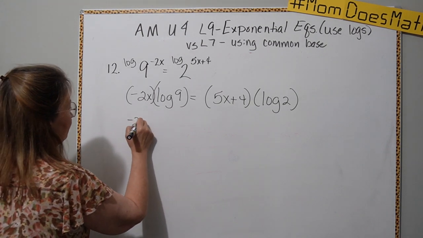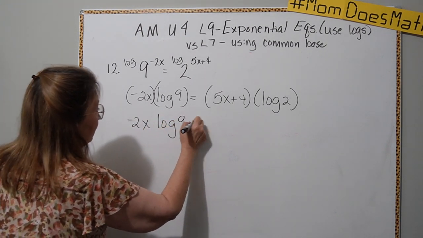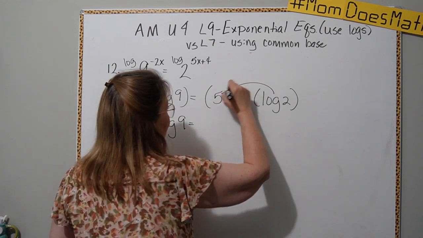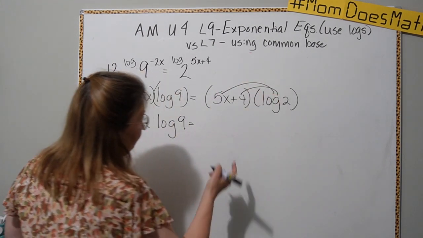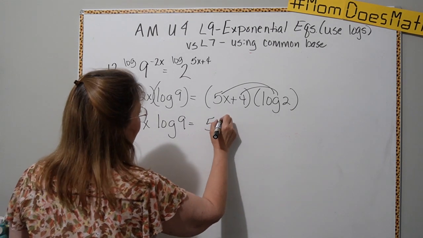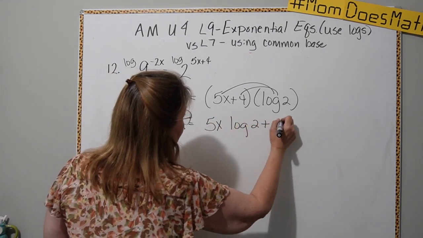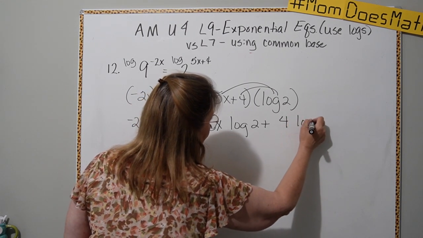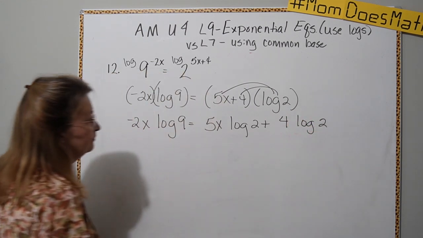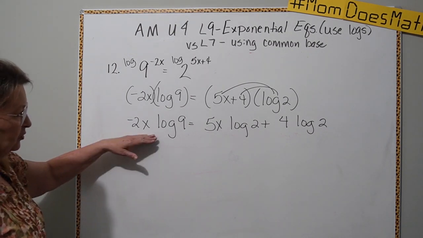Okay, now this one is not a binomial, so there's no need to distribute that. So I'm just going to leave that as negative 2x log 9. But over here, I am going to have to distribute the log 2 into that. So what I'm going to have here is 5x log 2 plus 4 log 2. All right, now which terms have my variable? This one and this one.